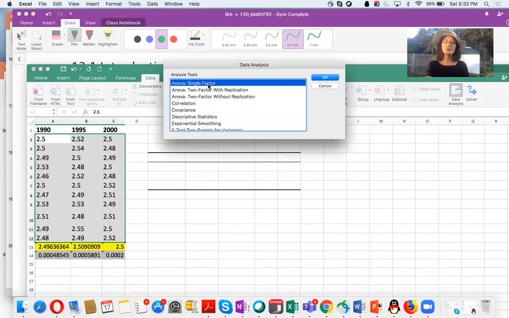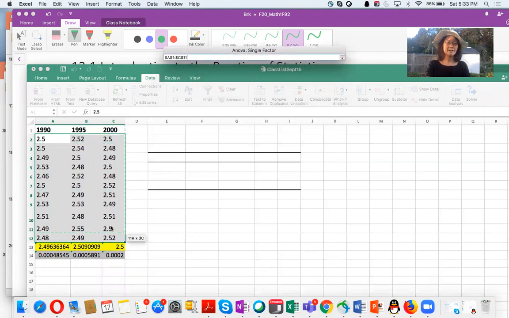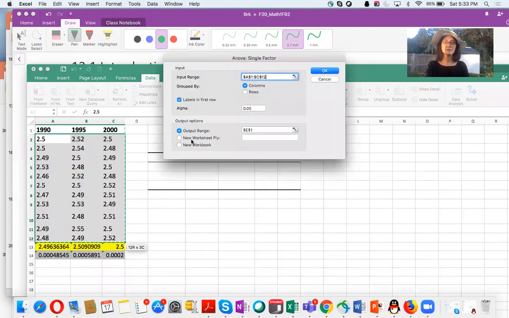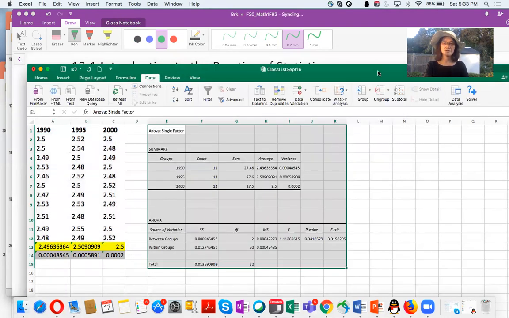The factor is based on year. Click OK. Input range, select A1 to C12. As you can see, I include labels in the first row, grouped by columns. Alpha is 0.05. Output range, I will put in E1. Then I click OK.